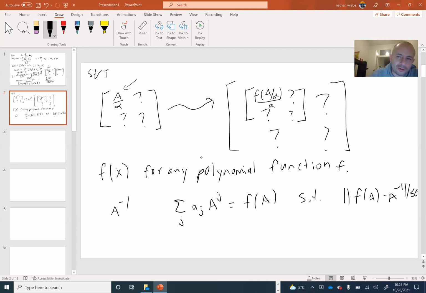So this is how we're ultimately going to solve the quantum linear systems problem, by doing such a transformation. But that is the high level view of how we're going to be doing it.